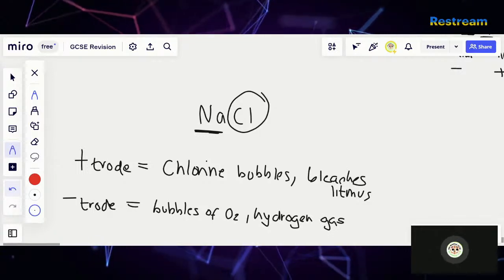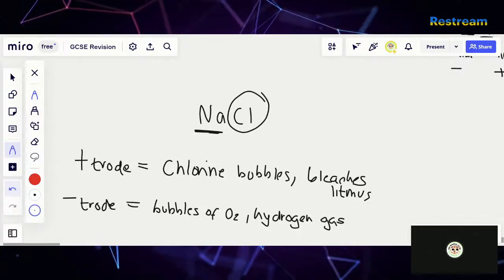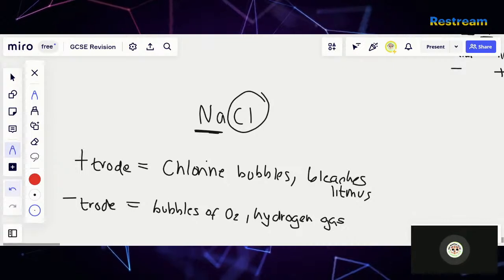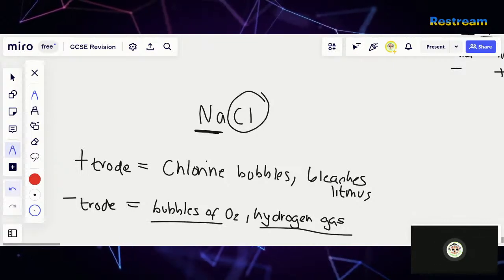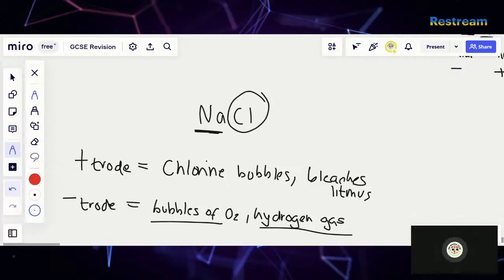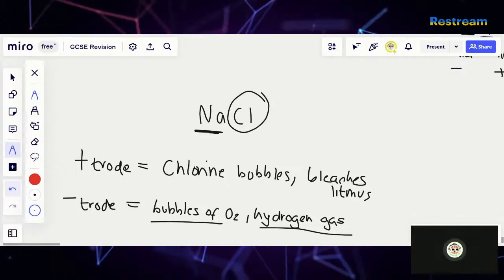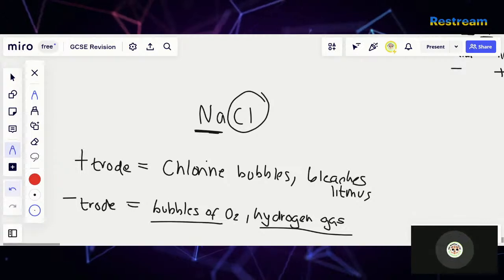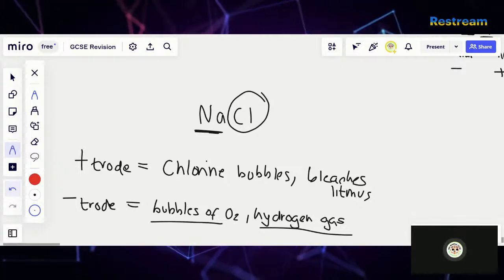Now, if you're unsure about why there would be bubbles of oxygen and hydrogen gas at the negative electrode, then you need to do some revision over electrolysis in aqueous solutions. But if you do know, then fair enough, and we can move on.